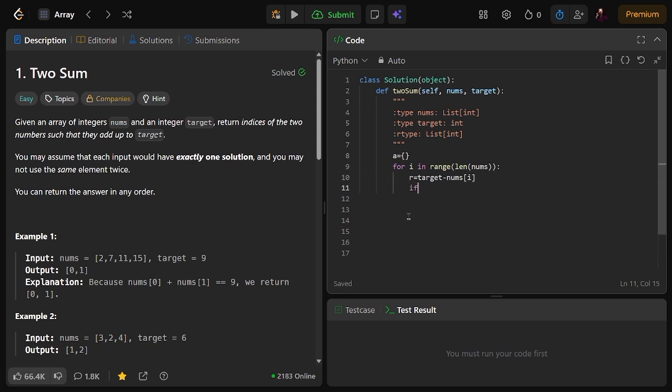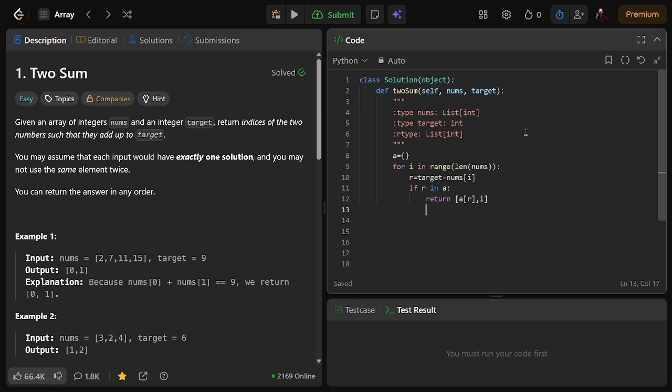Now, if r is in a, okay, if r is present in my dictionary, all you need to do is return their indices. The return type is a list, so we have to make a list: a of r, their index, and also i.